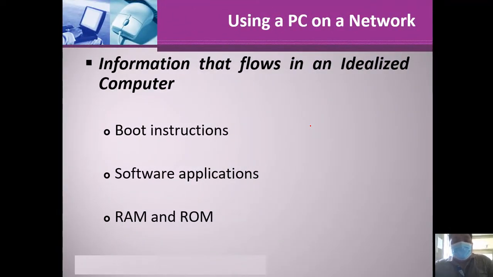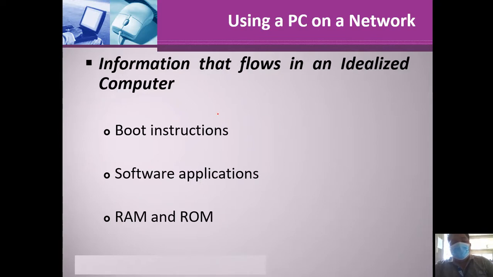Next is information that flows in an idealized computer. Okay. First, your computer will boot. If you turn on your PC, you will see some prompts. If you press your keyboard F2 or delete simultaneously, it will go to your BIOS option here in our boot instruction.